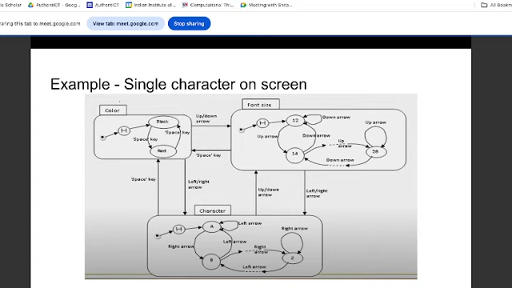Because I'm making the user perform this action so many times, I'm wasting their time and making it cumbersome for them. If that is going to cause the user to not come back to my application, to not like my application, then it is better to invest some cost in creating this keyboard in front of the user, with 26 keys to pick any character easily, rather than making them go through the right arrow press operation.